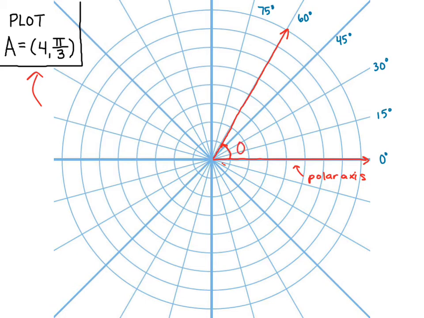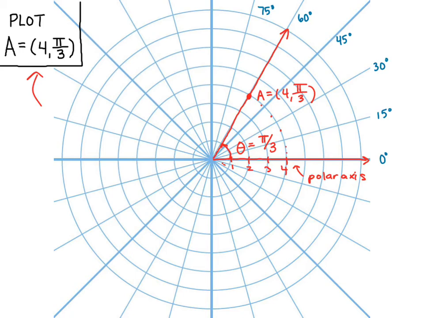So this is our angle theta equals pi over 3. But then where's our point? Well, we're going to r equals 4. So we've got 1, 2, 3, 4. And so you can kind of follow that. It's going to be right here. So this is the point A equals 4, pi over 3.